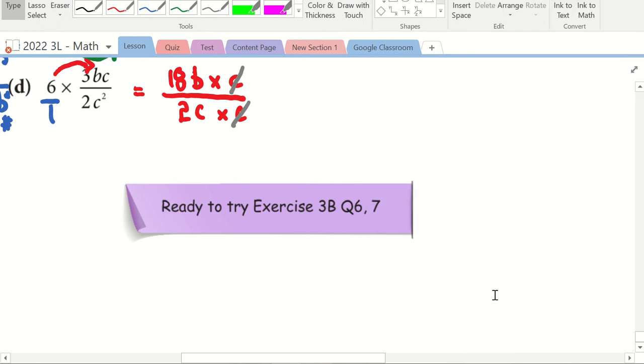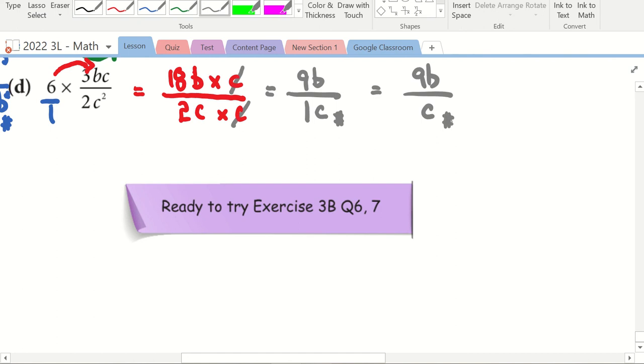Meaning, number 9 over 1. What's on top? Any more letter? B. Any letter below? C. Is this the only way I write my answer? I can have an invisible one as well. So you can also write 9B over C. Both answers are acceptable.